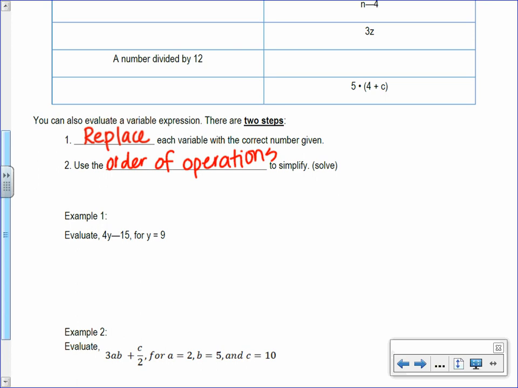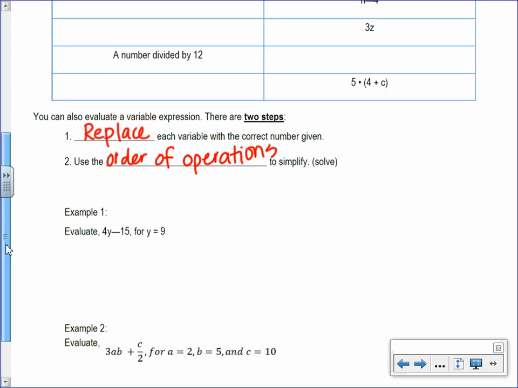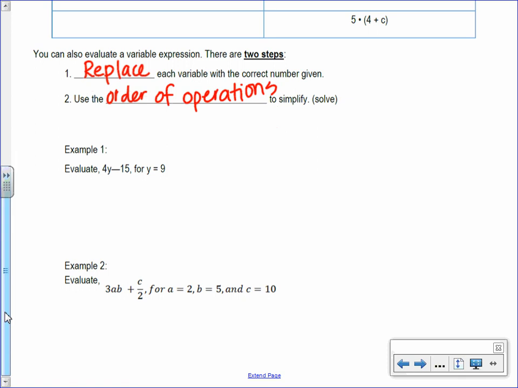All right, so let's take example 1 step by step. First step, it says replace each variable with the correct number given. So evaluate 4y minus 15 for y equals 9. So it tells you right here, y is 9. So instead of y, I'm going to place a 9. And don't forget, when they're right next door to each other, that means to multiply. So I know this is saying 4 times 9 minus 15.